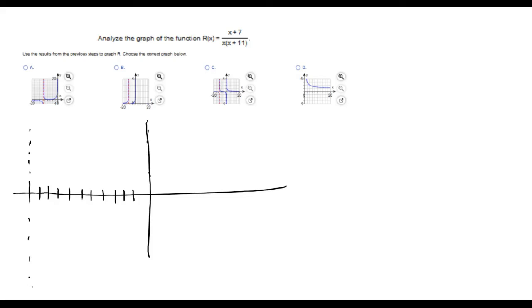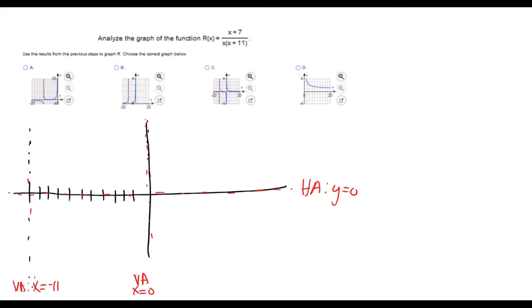Maybe I'll draw those with a red. And then we had a horizontal asymptote at y equals 0, vertical asymptote at x equals 0, and a vertical asymptote at x equals -11.